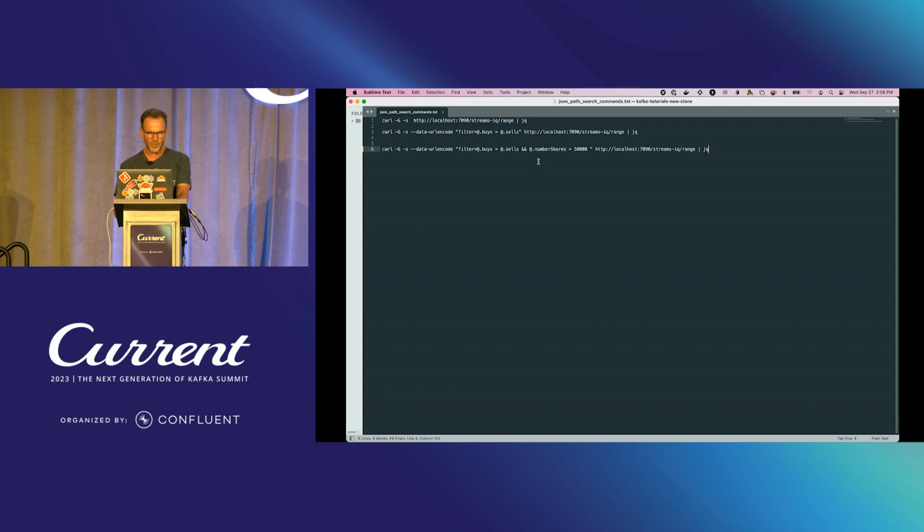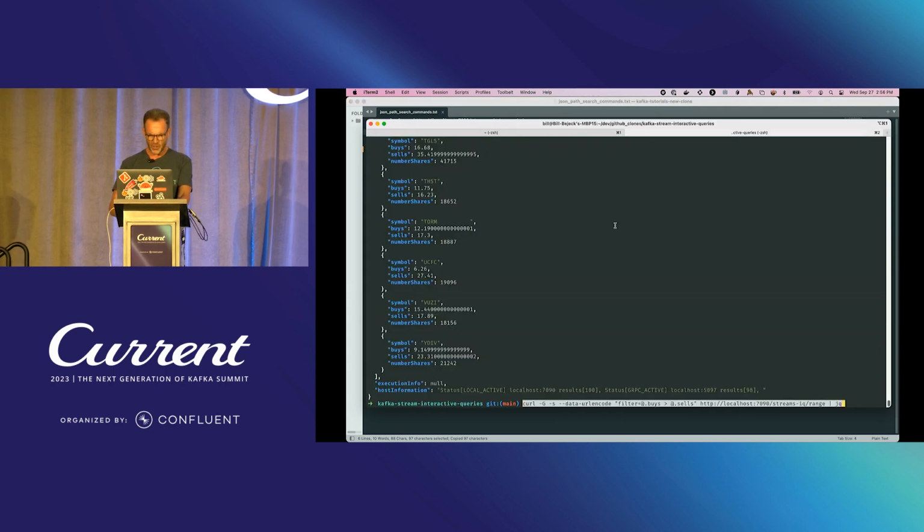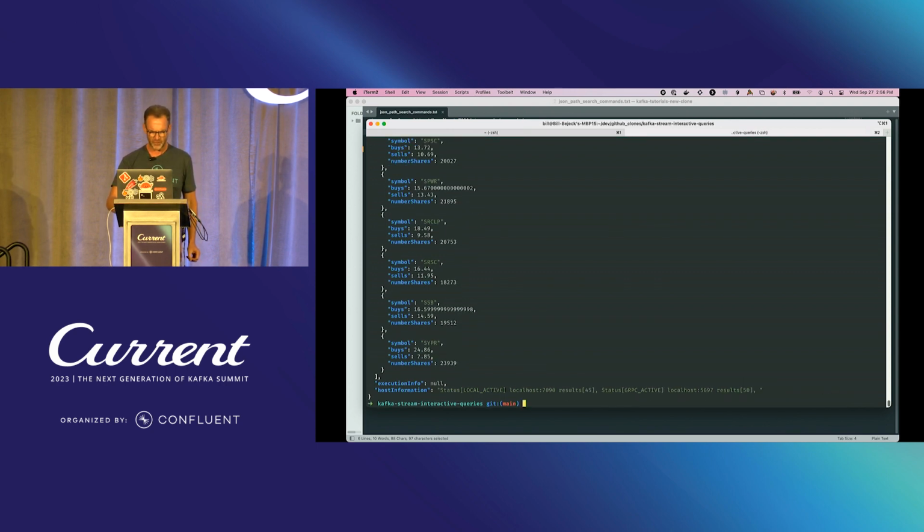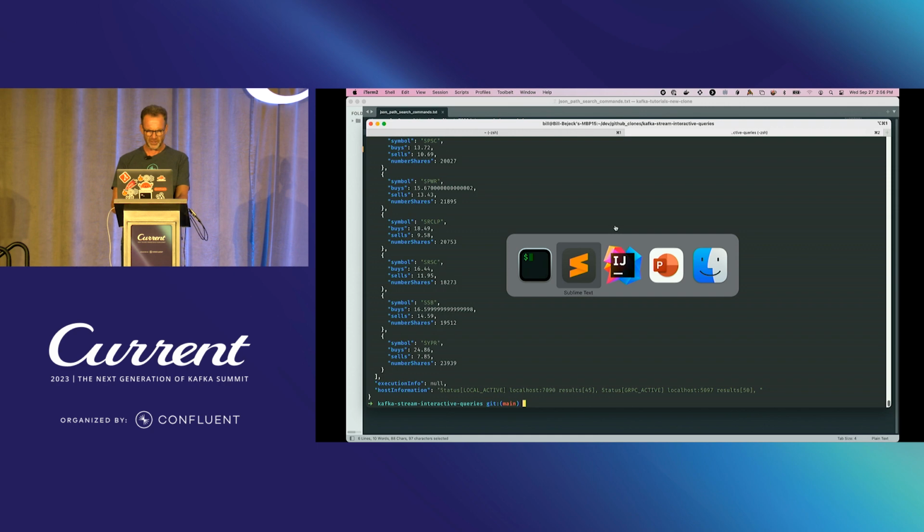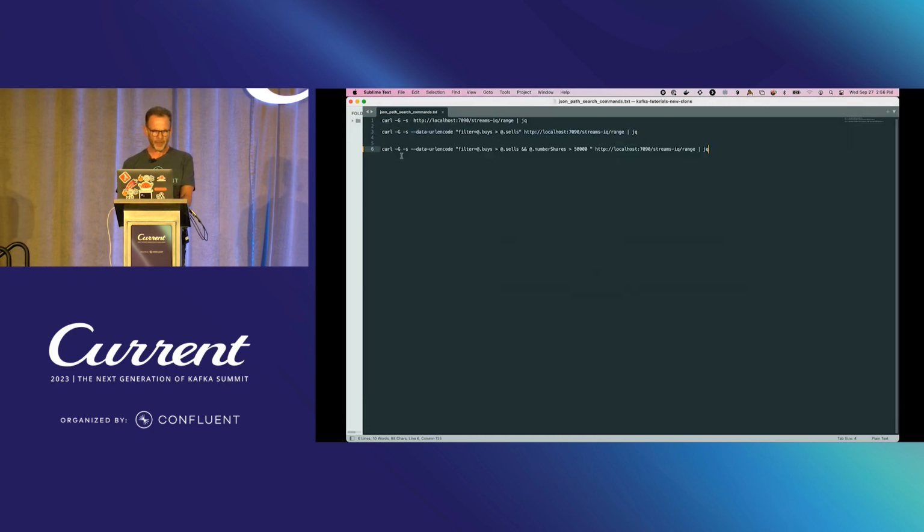We want to pull back the stock transactions where the amount of the buys are more than the amount of the selling transactions. So that cuts it down in about half, but still it's a lot of data. We want to really drill down and get something more specific.